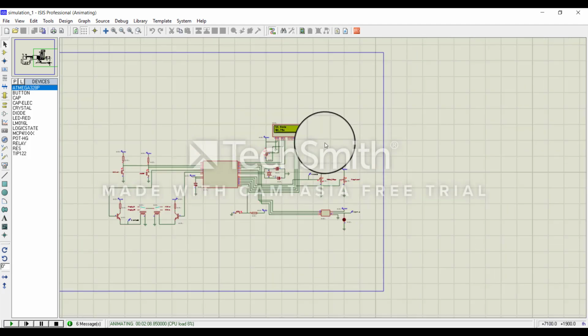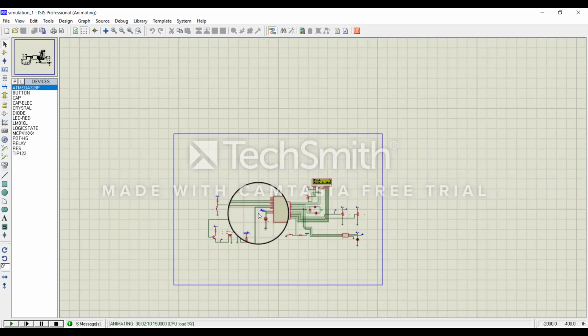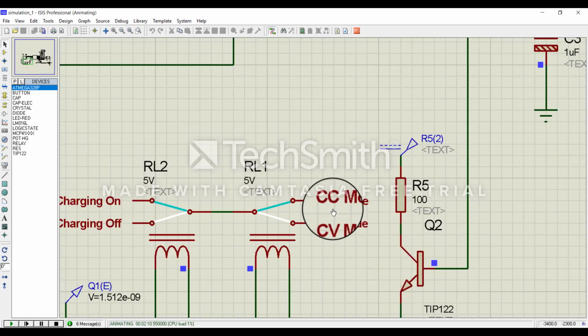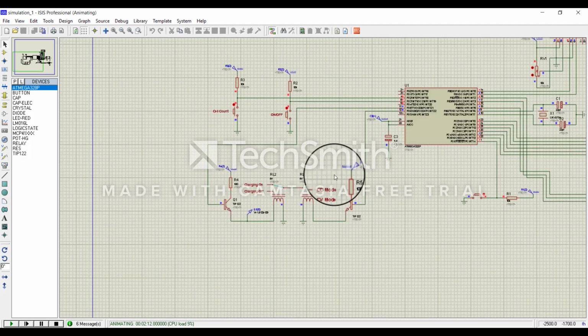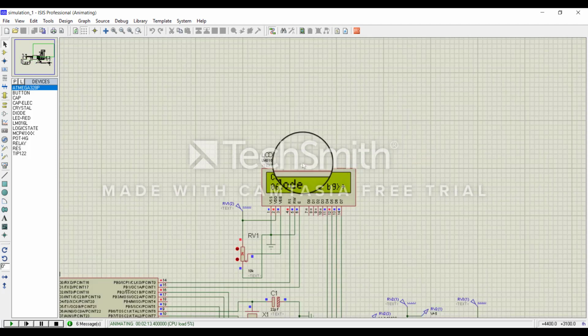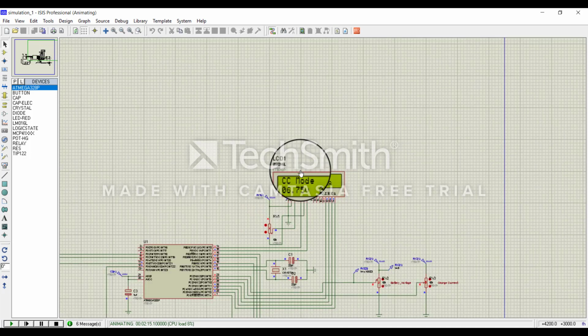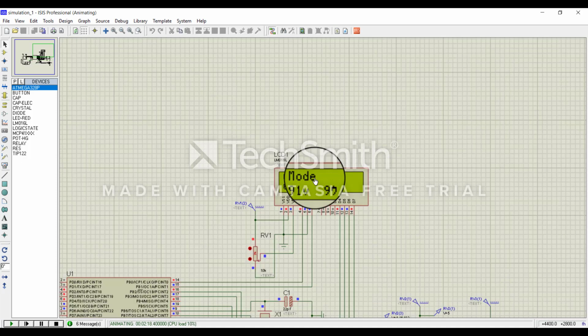As the battery gets charged and the battery voltage reaches above some 4 volt, we can see the Atmel will shift its charging mode from CC mode to CV mode. So let's wait till the voltage rises above 4 volt for each cell, that is above some 8 volt or so.